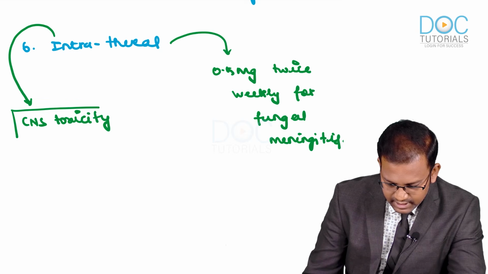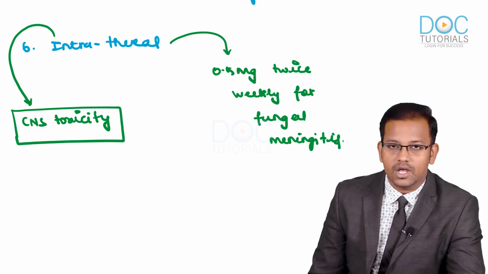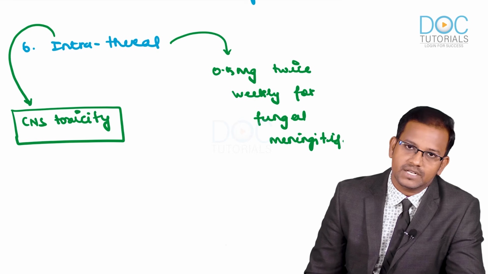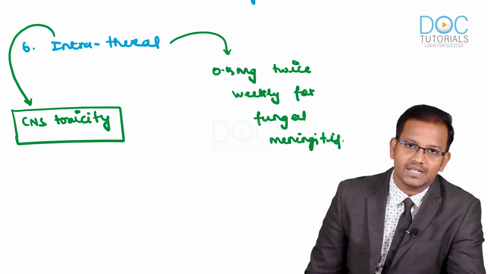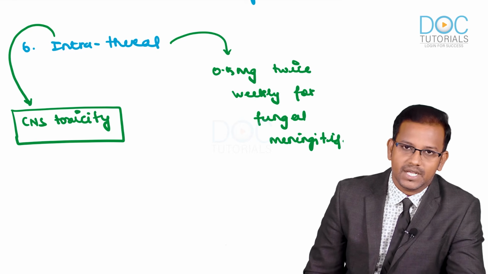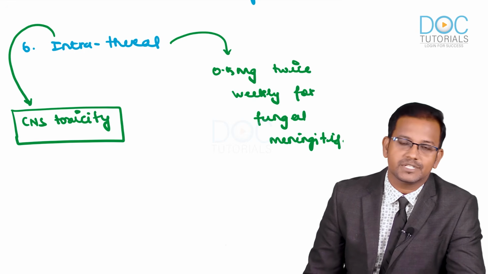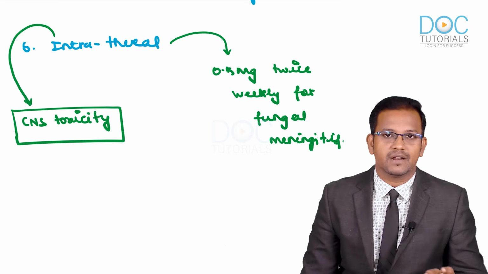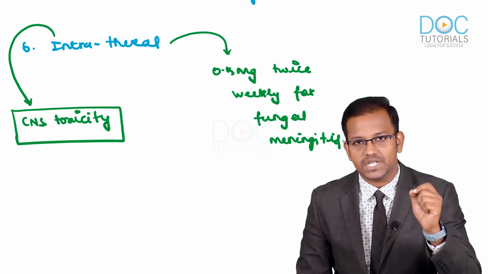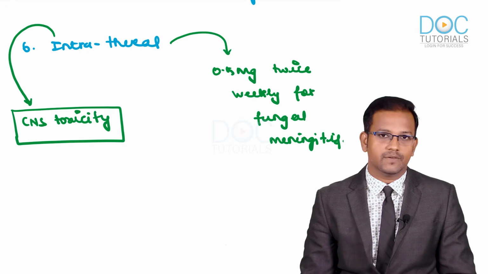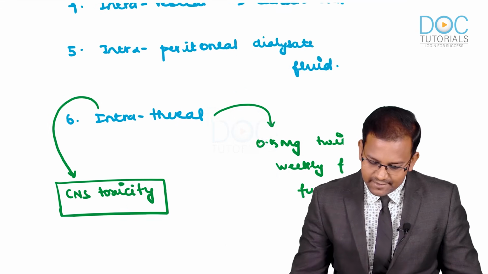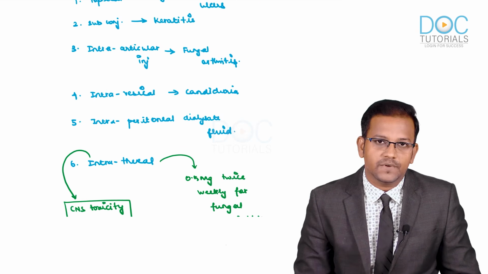The patient might land up in seizures or even severe cases like nerve palsy. So usually we don't prescribe intrathecal amphotericin B. Even if we want to administer a drug for fungal meningitis, azoles, especially fluconazole, are better alternatives, because they achieve higher concentration in the cerebrospinal fluid. Is that clear? These are the different routes of administration of amphotericin B, guys.